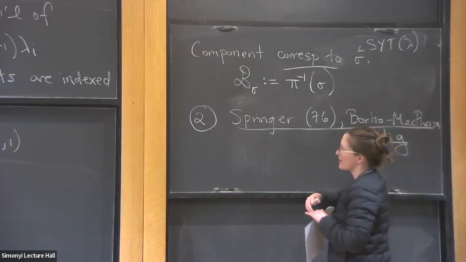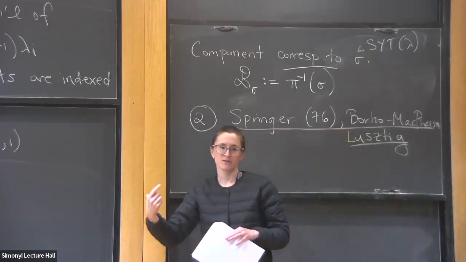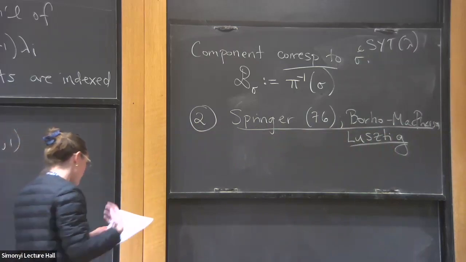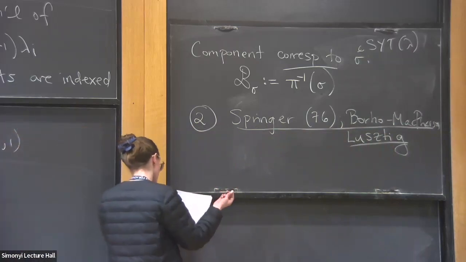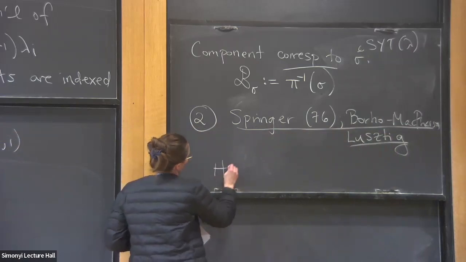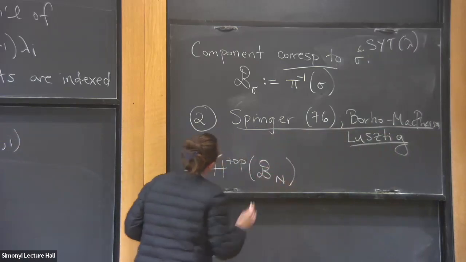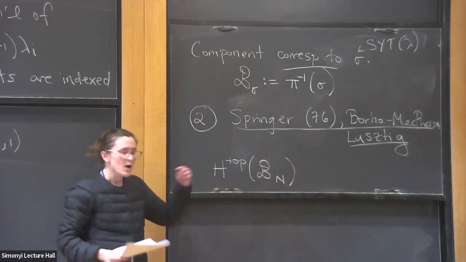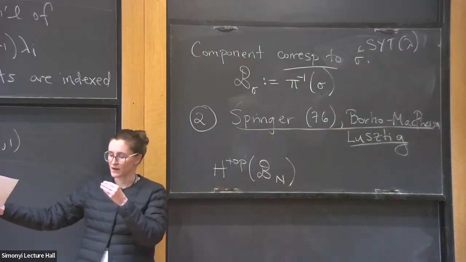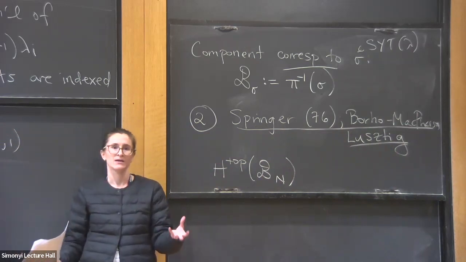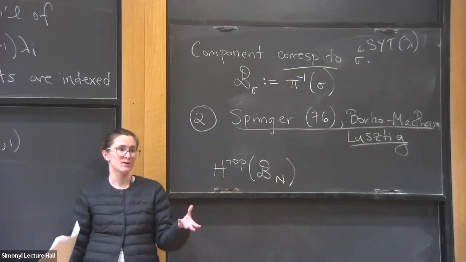Springer fibers are key objects in geometric representation theory. Let me tell you one result that encodes this. I just explained that for each Springer fiber, there are as many irreducible components as standard tableaux, and they're all the same dimension.